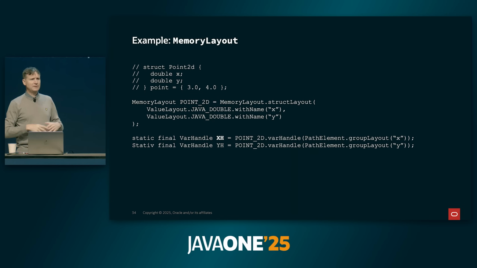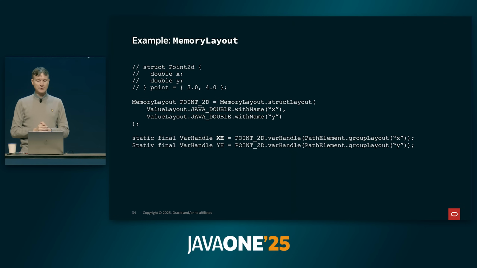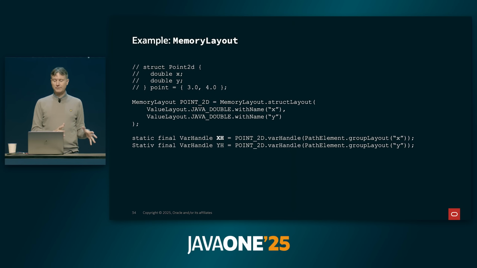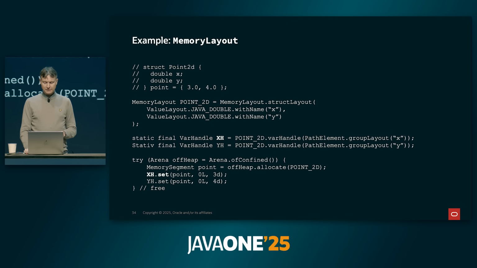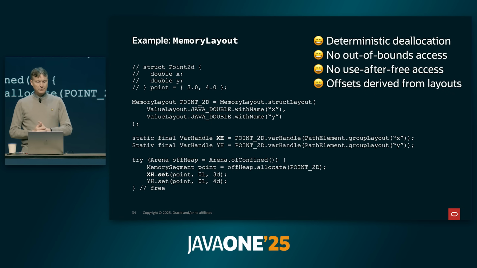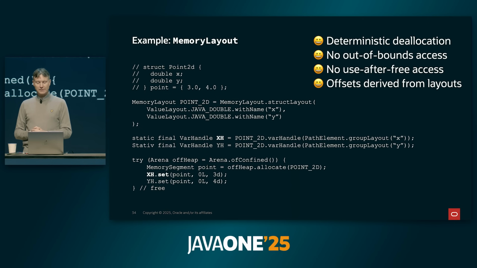And these var handles now will know the offset within this struct layout. So the inherent offset for X is 0, and the inherent offset for Y is 8. And then I don't need to care about that. I can just use the handles like this. So I use the X handle to set in this point, and the offset is like a general offset, so it is always 0 in this example.